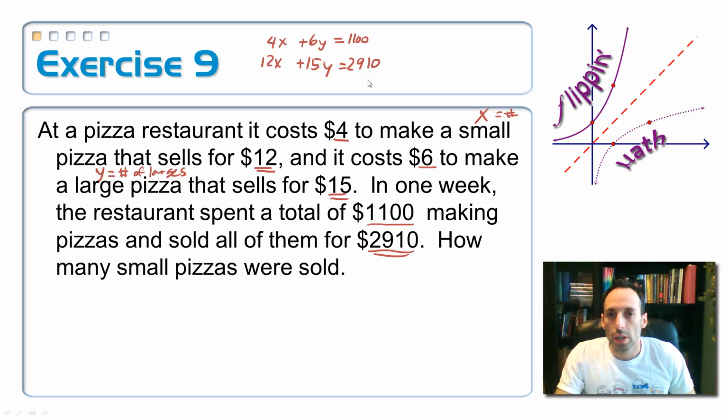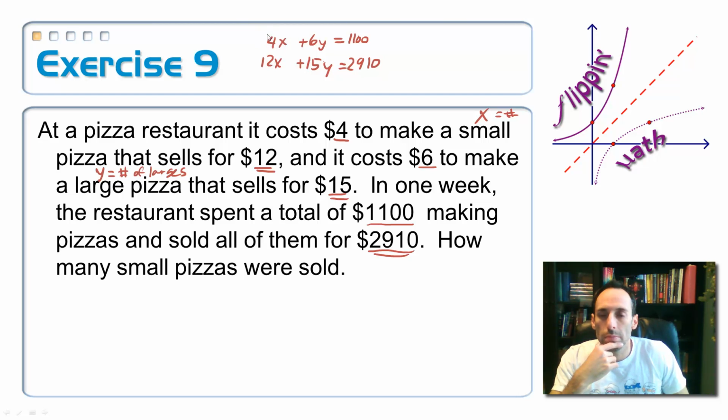So I'm going to probably use elimination on this. Now, you could notice that some of them are multiples. For example, everything is even in the top equation, so you might divide by 2 to make your numbers smaller. That's one thing you could do. But let's just go ahead and multiply this top equation by 3. Not just 3, but negative 3, so that the x's have opposite coefficients.